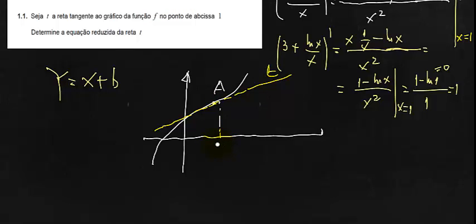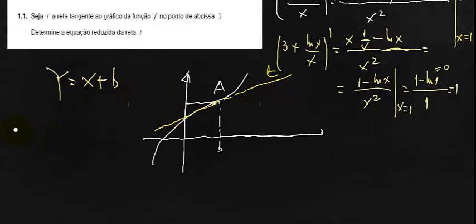I have here the abscissa, and here the image of the line and the function is the same. It is the same, as you can see.